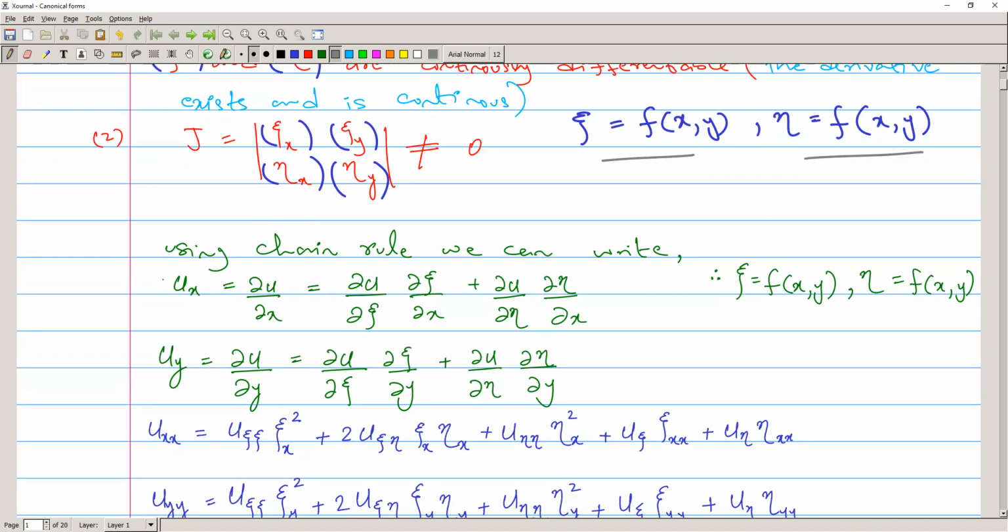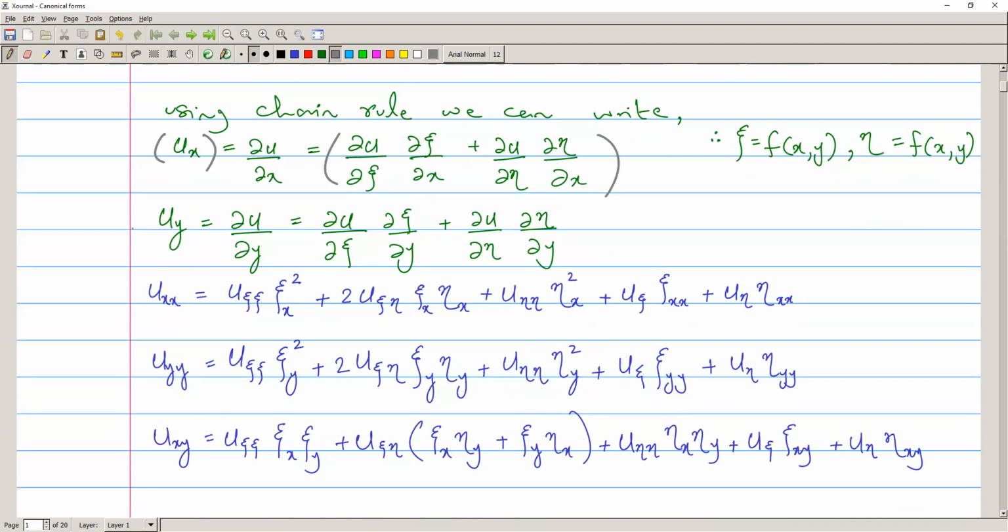Now u x, that is the derivative of u with respect to x, will be equal to partial u over partial psi multiplied by partial psi over partial x, plus partial u over partial eta times partial eta over partial x. This is how we write the partial derivative using the chain rule when we are transforming a function into two other functions, right? So now we are saying that this depends on psi and eta.